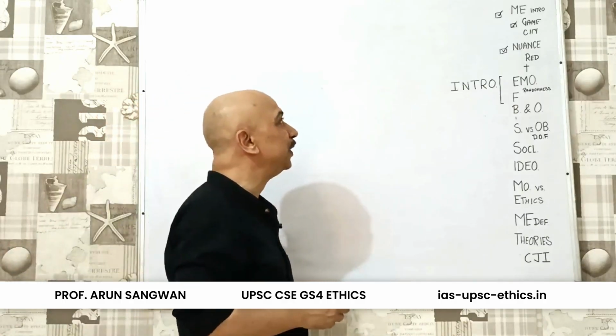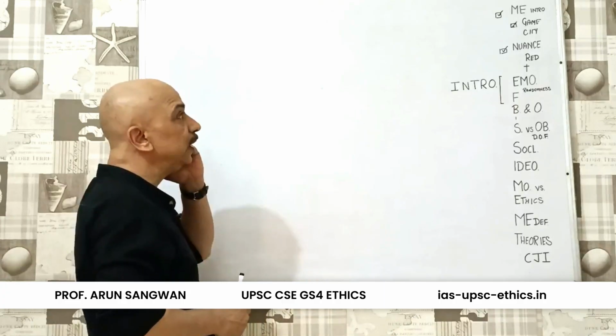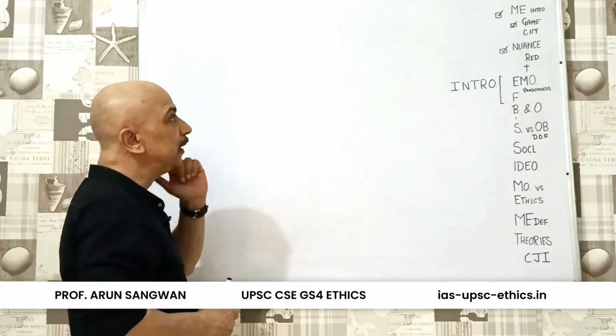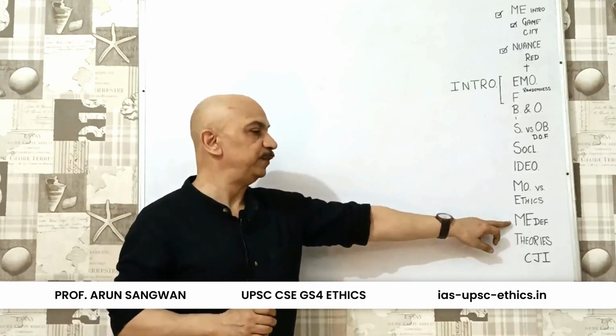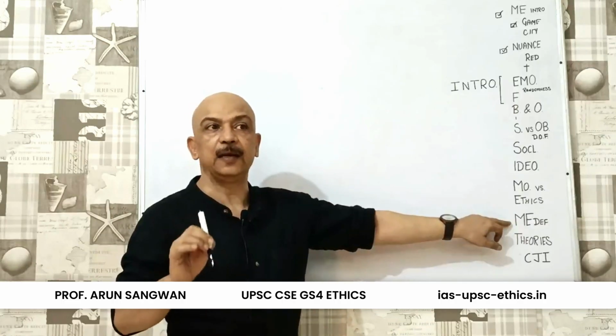All right. Now, if you recollect, I started with a simple sentence, and that sentence was our working definition of meta-ethics. Much later, we will derive the real technical definition of meta-ethics.